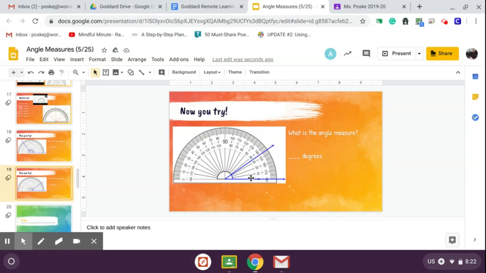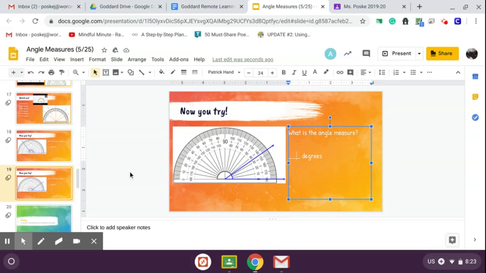It is less than 90, and it's falling under this category between this area, somewhere in this area. So let me know, what number do you think this falls under? You're going to type it in to your slide, okay? And that's all you're doing. Submit, let me know when you finished, comment when you're done so I know to go in and check your work.